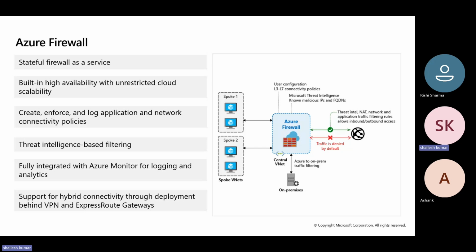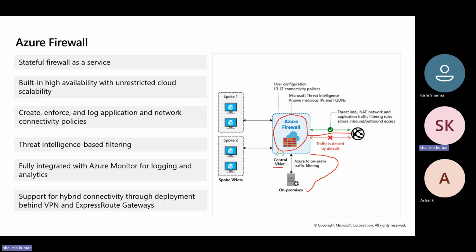You can create, enforce and log application and network connectivity policy. So here you can see in this diagram, you have a central VNet. Under the central VNet, you placed your firewall. That central VNet has connectivity to on-premise and also has connectivity to internet.